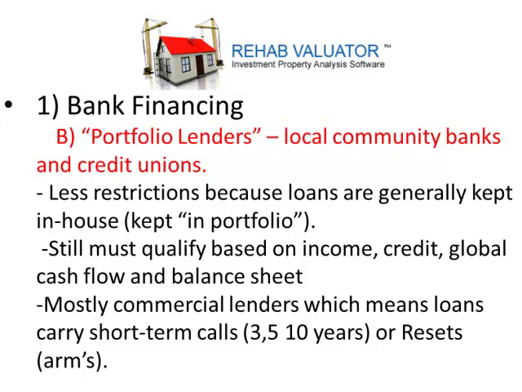So the typical loan you will get from these guys will carry a short-term call, 3, 5, or 10 years, or it will be an ARM. Most of my loans from these local banks are 5-year ARMs. I'm looking at probably $3 or $4 million worth of loans resetting starting in 3 years. So there is definitely a downside in dealing with commercial lenders.